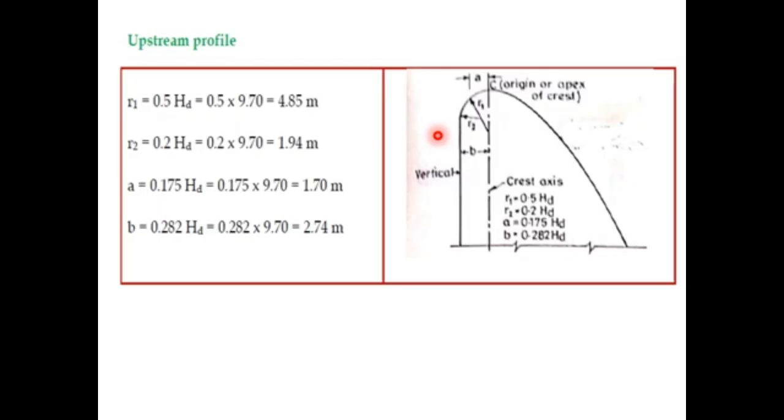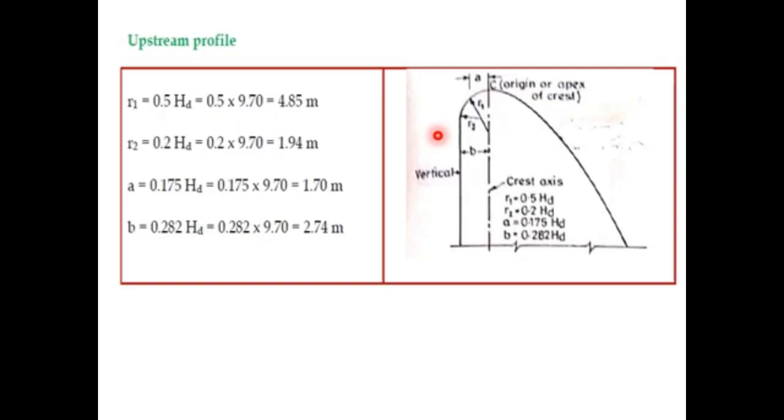We also discussed the various WES standard profiles, whose equations were developed at the Waterways Experiment Station, and we have used them in the problems.